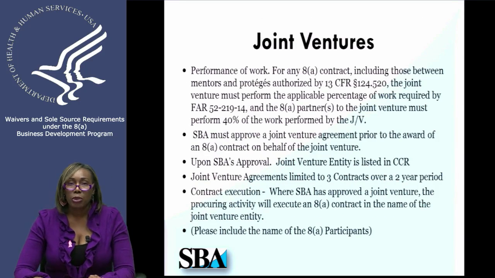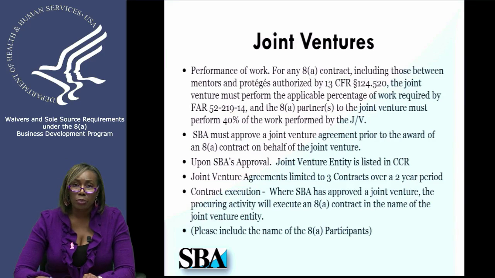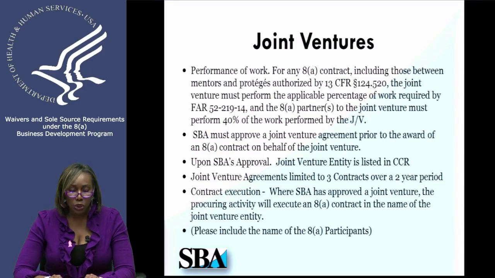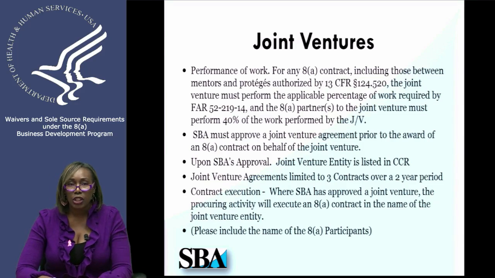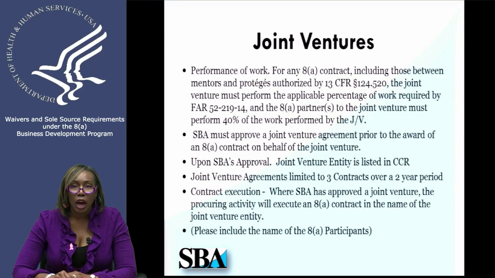We're looking at the performance of work by the 8A contractor, including those mentors and proteges authorized by 13 CFR 124.520 when we're looking at large business ventures. We're looking at the work required, and the joint venture must perform at least 40% of the work. You'll see a little bit more detail that I've given you within the joint venture community.